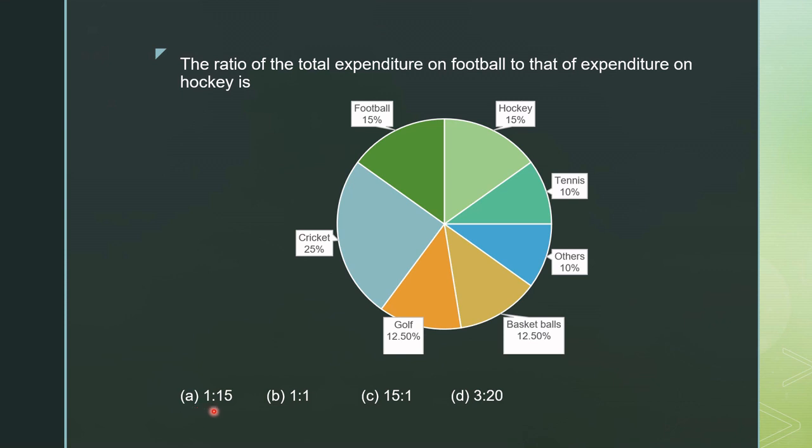Option A 1 is to 15, option B 1 is to 1, option C 15 is to 1, option D 3 is to 20. So how can we get the ratio? Football expenditure is 15% and the hockey expenditure is 15%, so the ratio is 15% divided by 15%. How can we calculate? In the next slide.